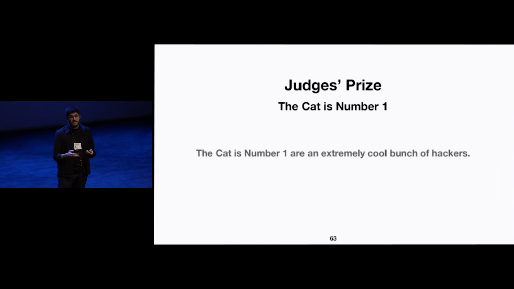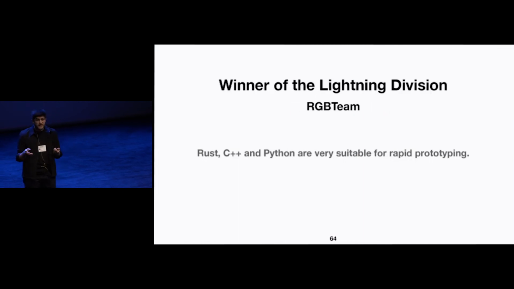The second one is the winner of the Lightning division, the first 24 hours. It has a special prize, because the teams that do something there should be pretty fast. And our GB team was pretty fast in that. They have a great write-up.